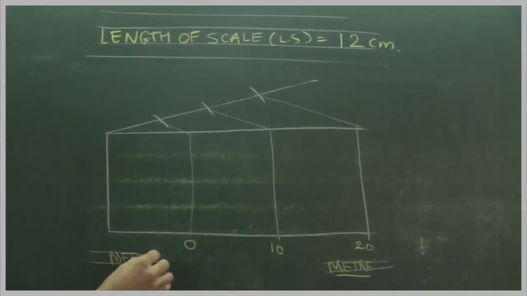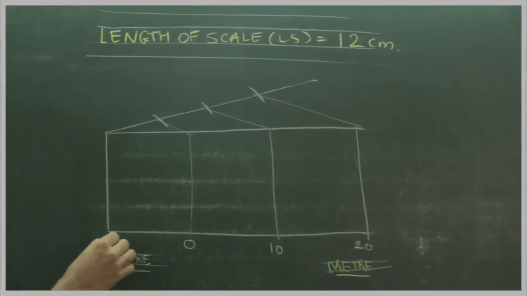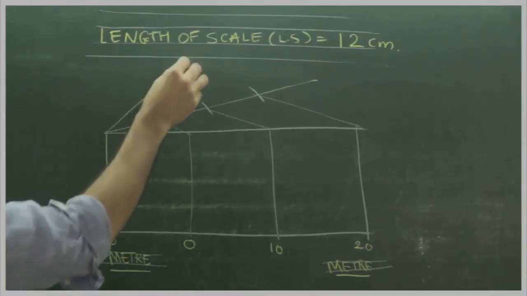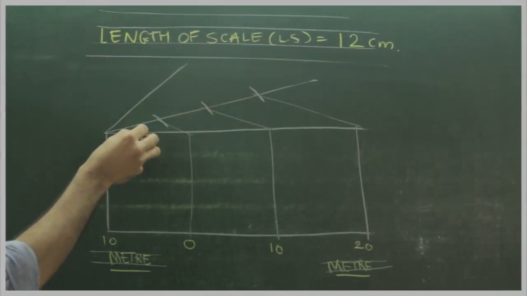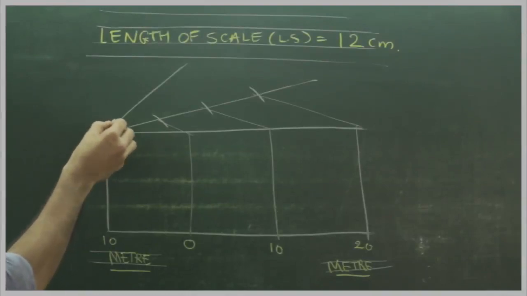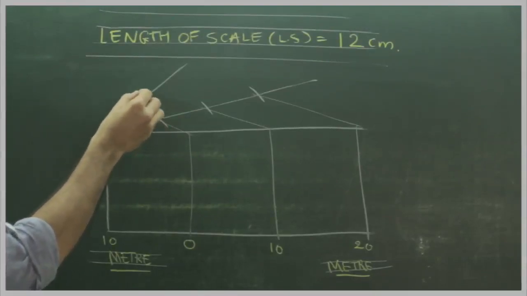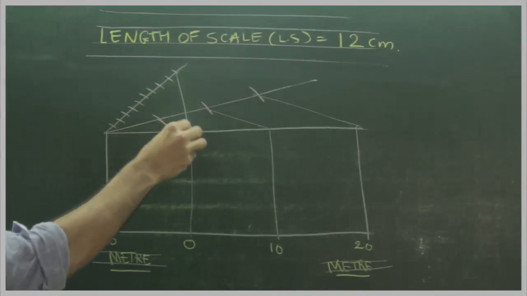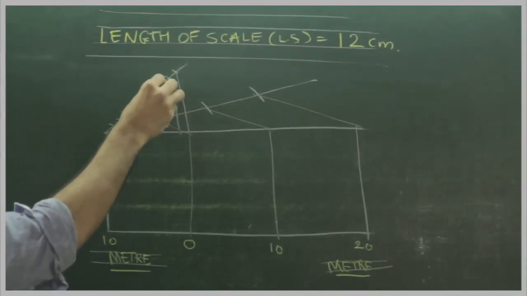So I'm dividing 30 into 3 parts, 10, 10, 10 meter each. Now we need to divide this first block into 10 parts. So we'll take one more angle. Preferably we take this 30 and this 30 and this is at 45 degree. So from here we'll take 1, 2, 3, 4, 5, 6, 7, 8, 9, 10, 10 equal arcs. Join this to this and then draw a parallel line.